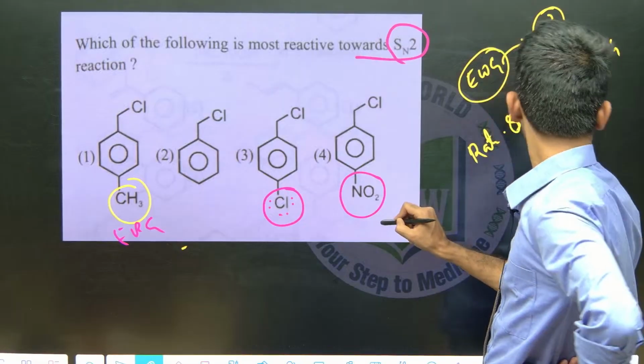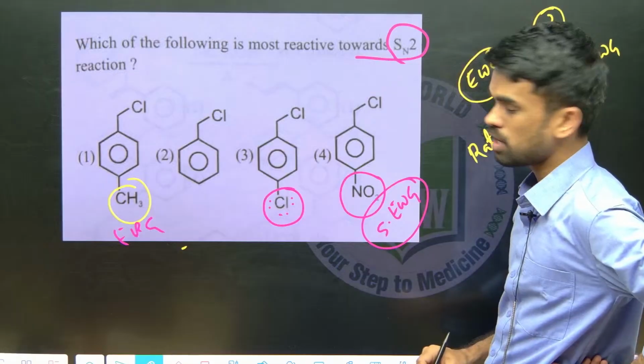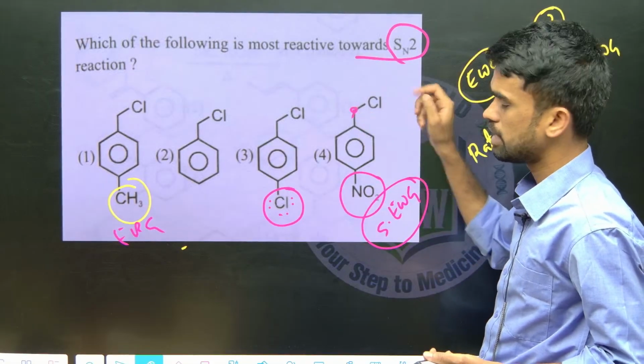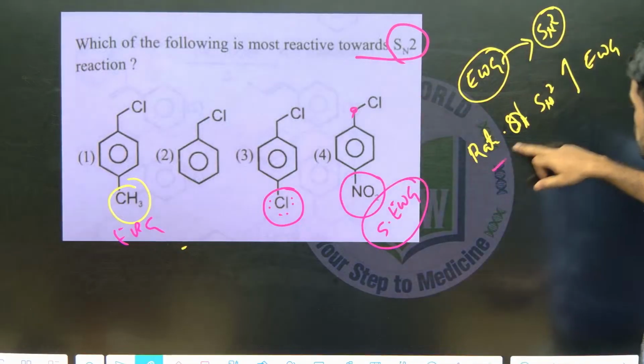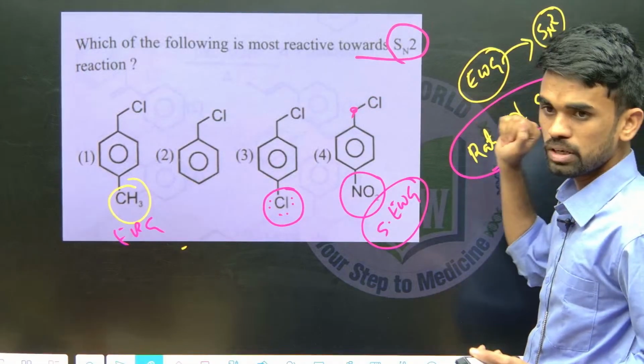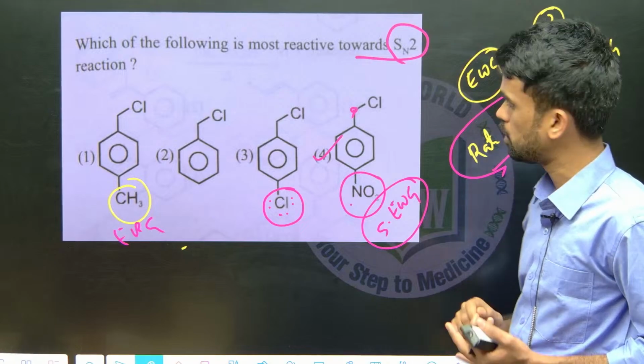It's a strong electron withdrawing group. If it is a strong electron withdrawing group, what happens? That will stabilize whatever electron density is building up here. It means electron withdrawing groups increase the rate of SN2, I told you. So which is more reactive here? It's the fourth option, because of the presence of a strong electron withdrawing group. That's it.